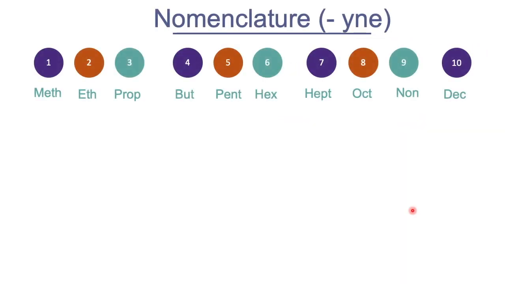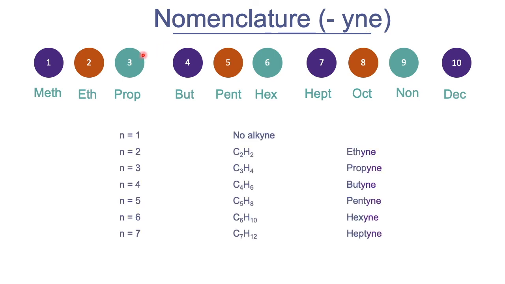So coming back to nomenclature, we have already seen the prefixes and the prefixes will remain constant. So we go from meth, eth, prop, but, pent, hex, hept, oct, non and dec. The only thing that changes when we are naming alkynes is the suffix, which is "-yne". So we follow the same pattern. We know that for n equal to 1, an alkyne is not possible, so that's ruled out.